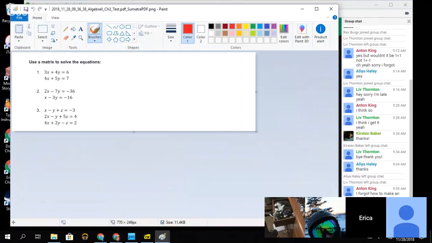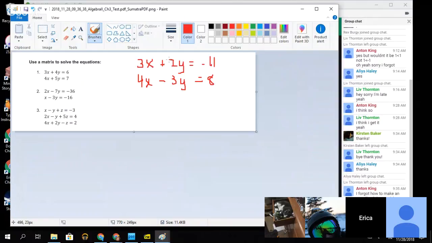If I have these 2 equations in a system, I have 3x plus 2y equals negative 11, sorry, let me make sure I write it right. And I have 4x minus 3y equals 8.